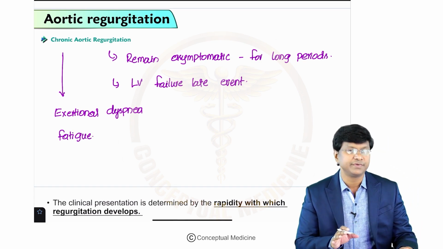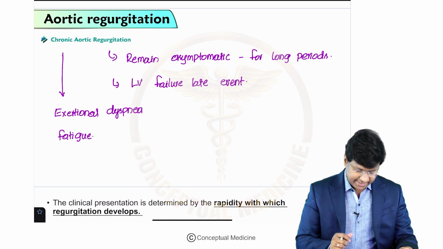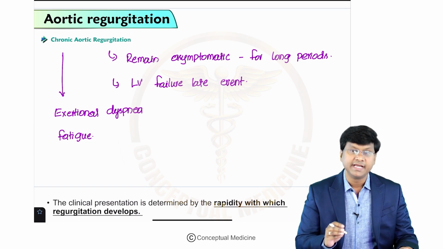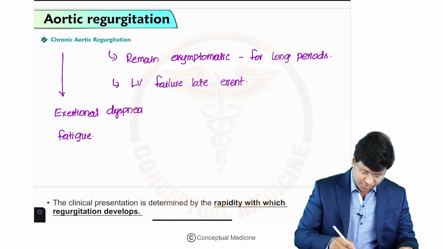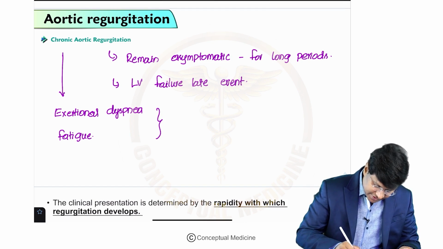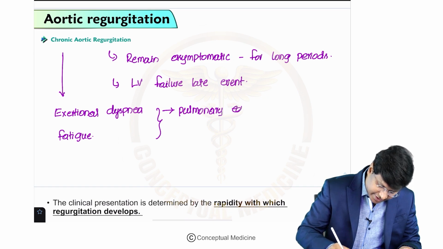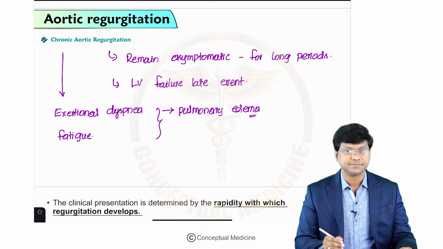These are the most frequent symptoms, okay? And apart from that, paroxysmal nocturnal dyspnea will be there, and pulmonary edema may also develop. So as the severity progresses, these individuals will land up in pulmonary edema, and once they develop frank pulmonary edema, they will have acute onset breathlessness.